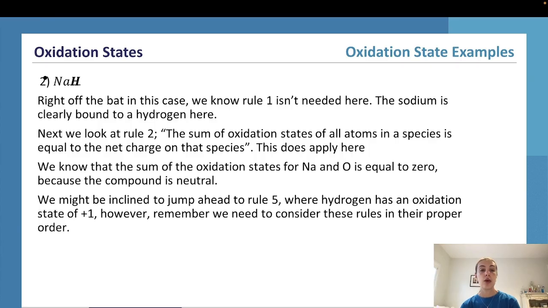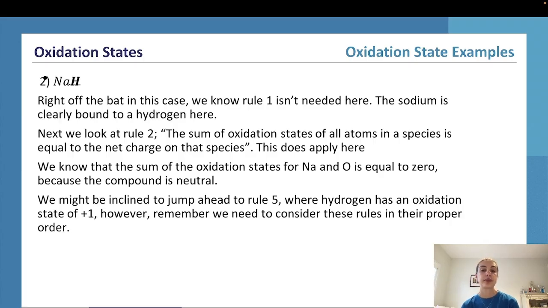So next we can look at rule 2, and rule 2 tells us that the sum of the oxidation states of all of the atoms in a species is going to be equal to the net charge of that species. And so this rule does apply here, and this rule will basically apply all of the time. And so we know that the sum of the oxidation states for sodium and hydrogen is going to be equal to 0 because the compound is neutral.